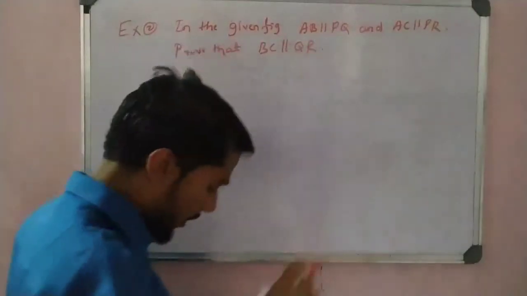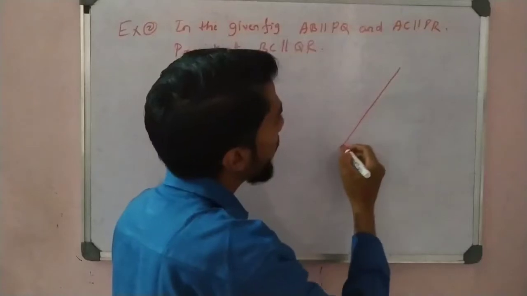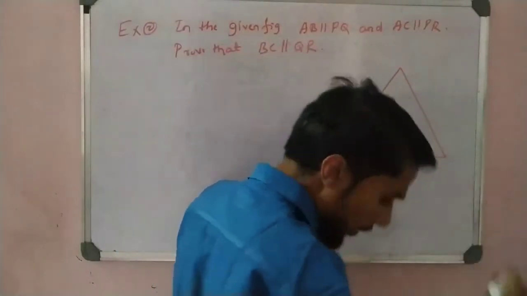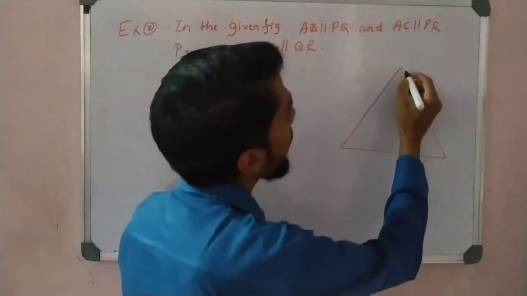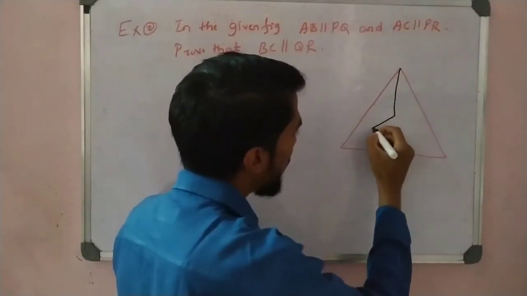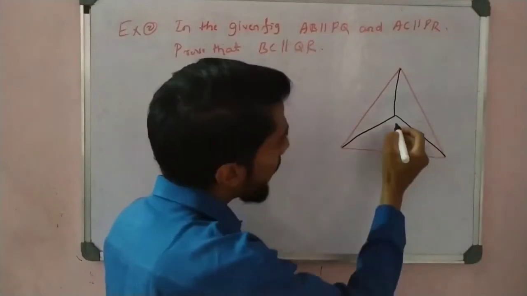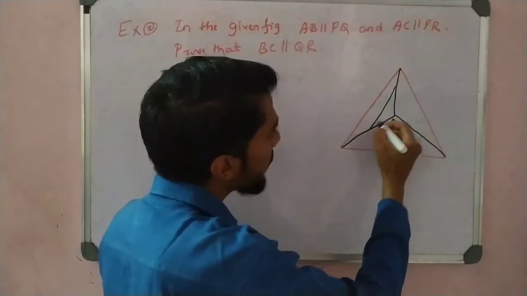This is the same question, but the diagram is changed. The concept is the same, but the diagram is different. One triangle is given, and inside this triangle they draw another triangle. They make a center point O, and point P is joined like this.